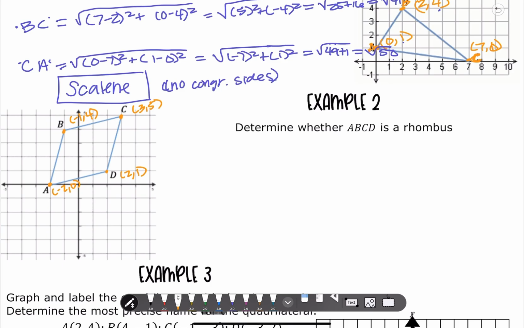Well, first, in order for it to be a rhombus, you have to check if your opposite sides are parallel. And while you're doing that, you can also check if it's a square, if you're trying to determine between a rhombus or a square, because you'll get opposite reciprocals and see if something is perpendicular or not.